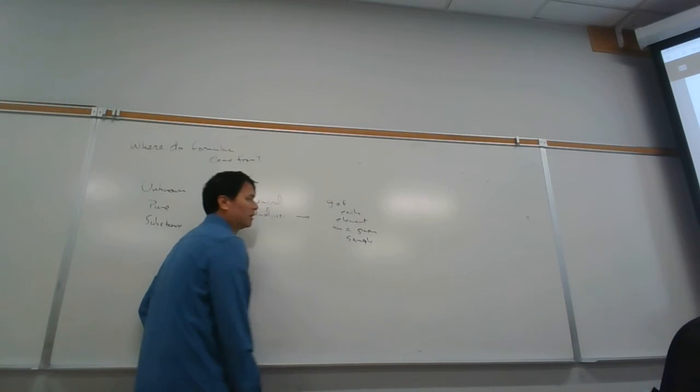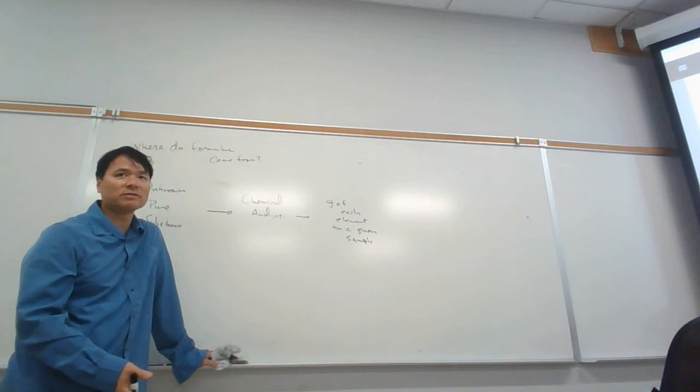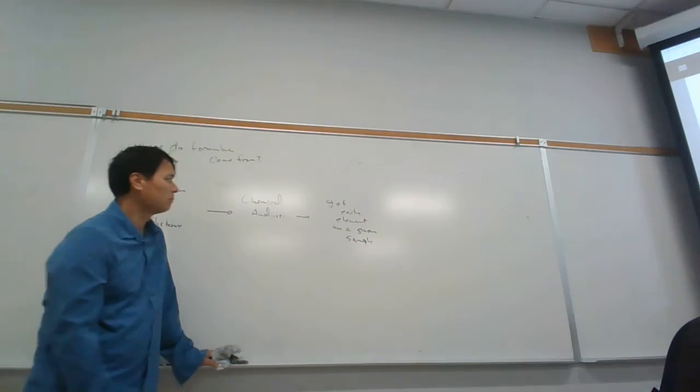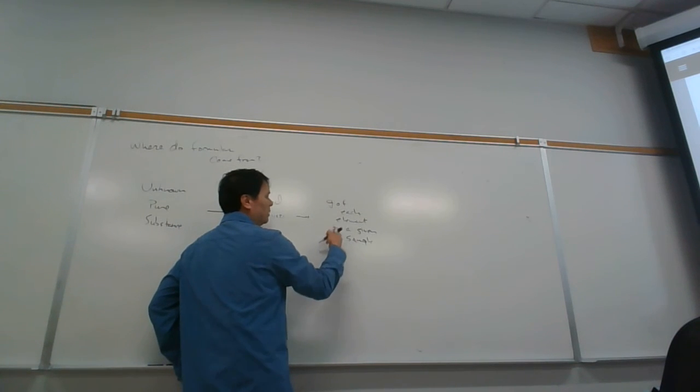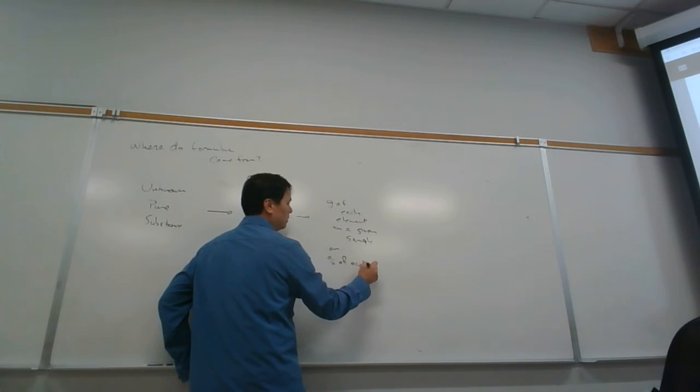So you might give them like a 10-gram sample, and then they'll tell you how many grams of this, how many grams of that, how many grams of that are in the 10-gram sample, or a 100-gram sample. So grams of each element in a given sample, or percent of each element in the sample.